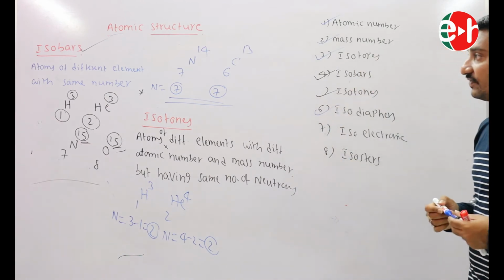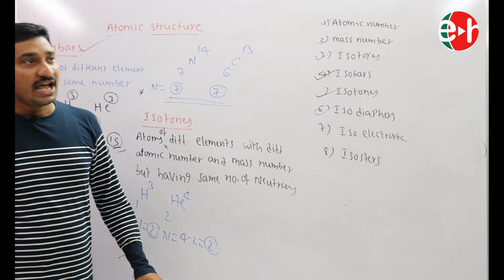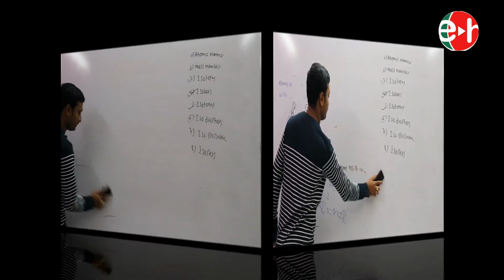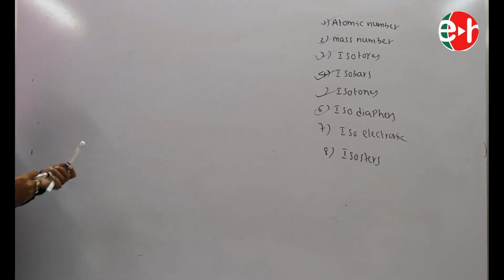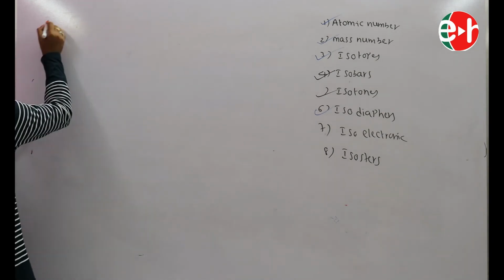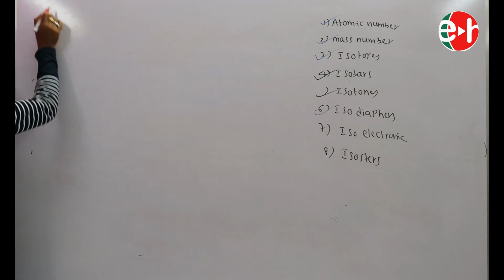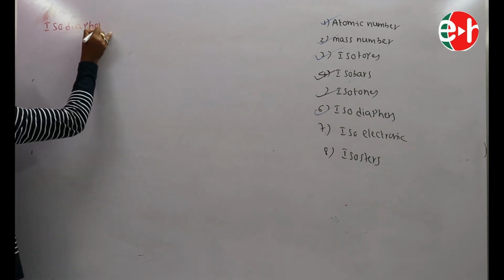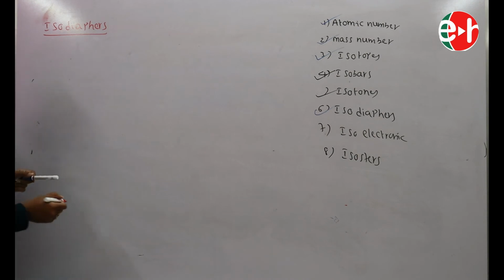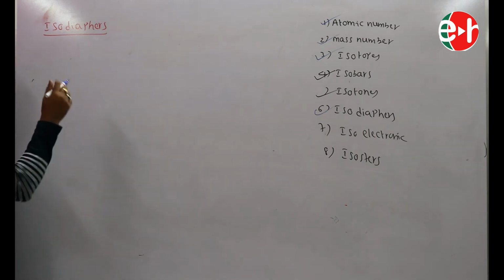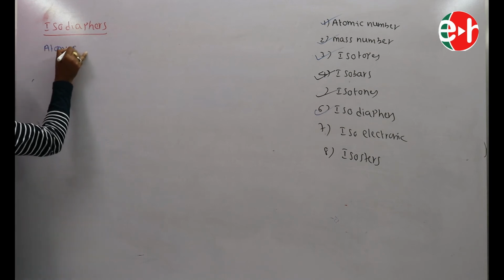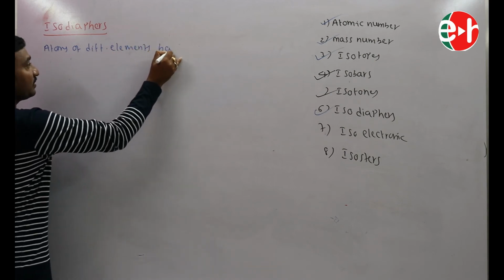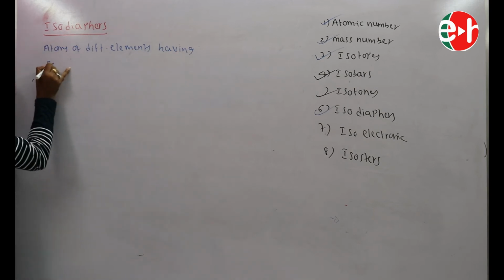Next, isodiaphers. Isodiaphers are atoms of different elements having same isotopic number.